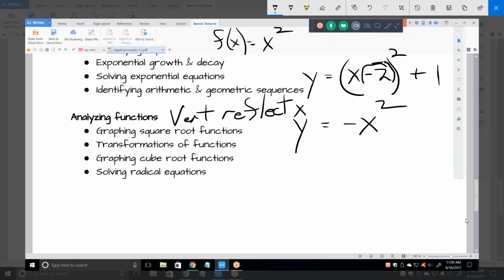If I reflect the parent function over the x-axis, it becomes that, and that's a vertical reflection.